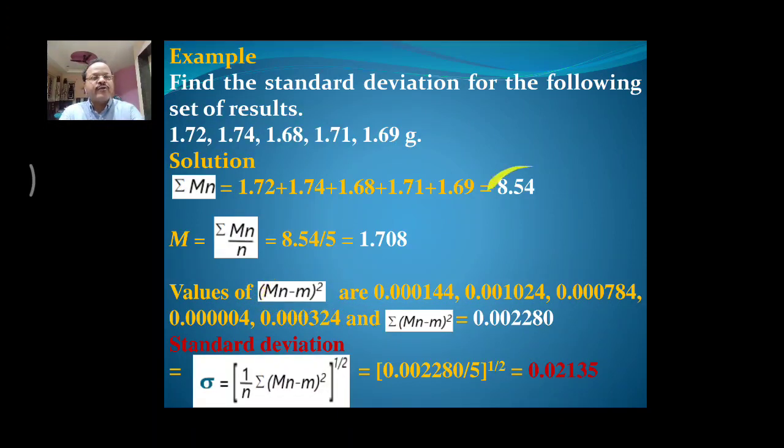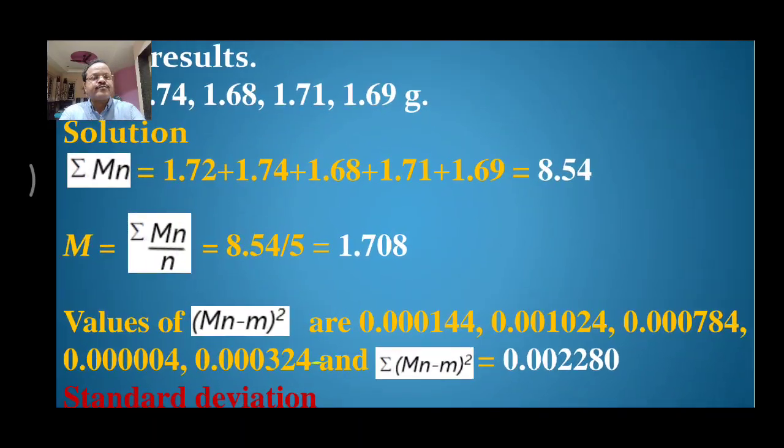So we know the value of Mn, we know the value of mean m, small m. So Mn minus m square, and the values are these. So we are getting these values of the difference Mn minus m square.